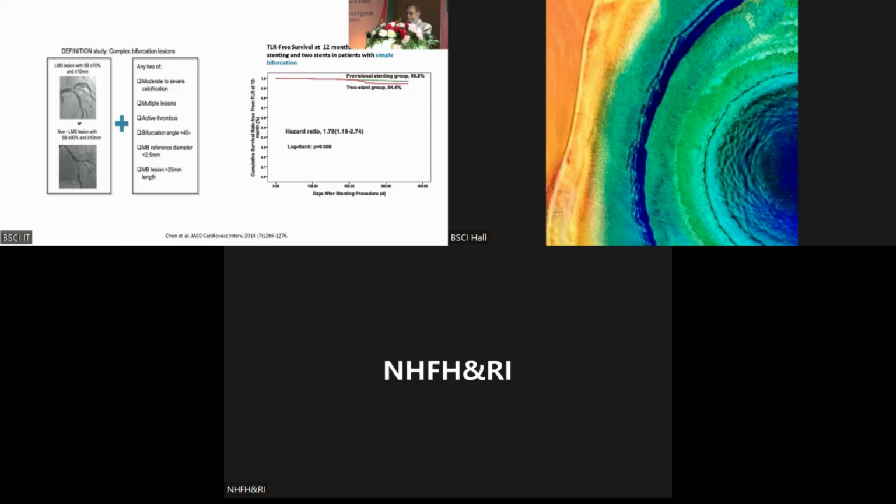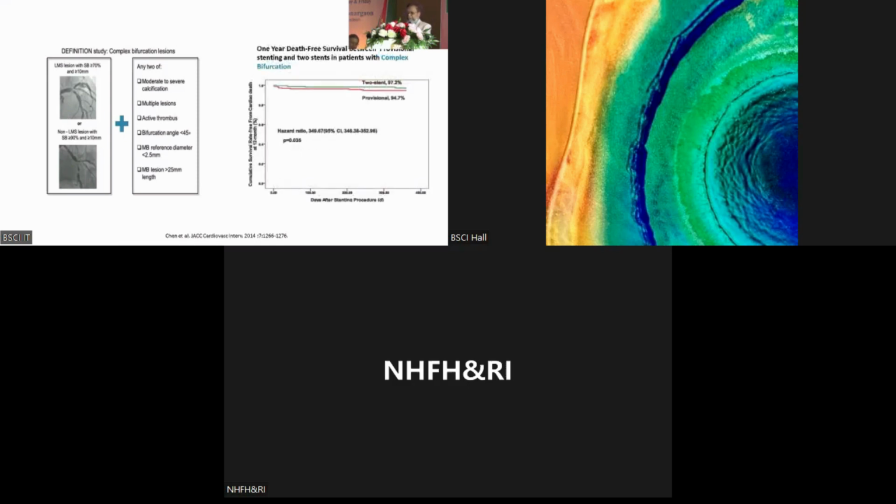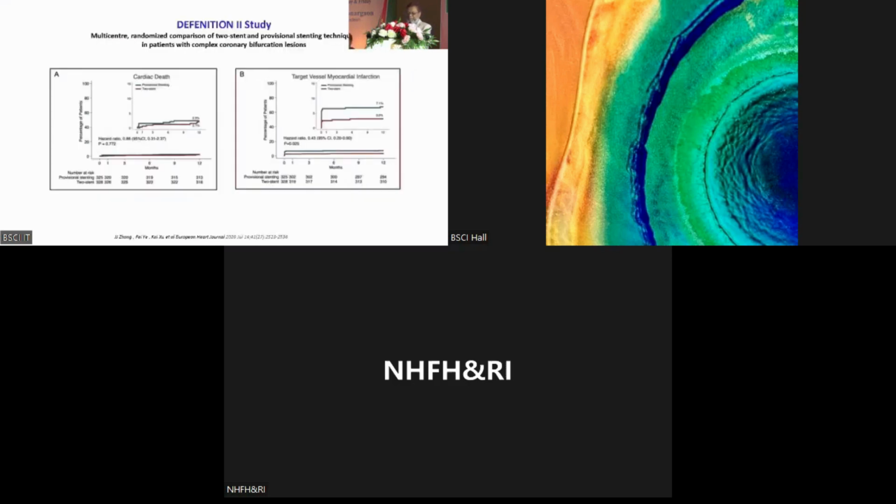And this has already been shown by the previous speaker, that if there is simple bifurcation, then the result, that is the longevity without target lesion revascularization, is in favor of provisional stenting. And for 1-year death-free survival, meaning 1-year survival, if complex bifurcation lesion, the two-stent strategy is beneficial.